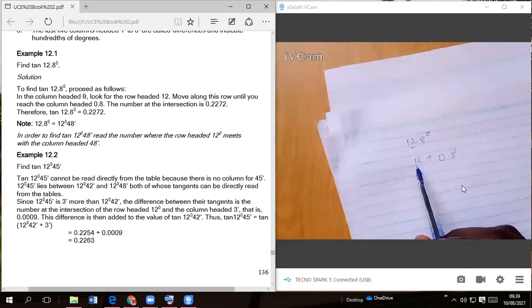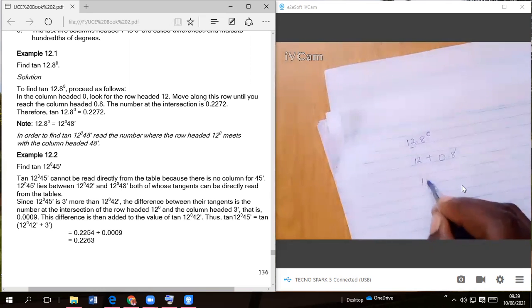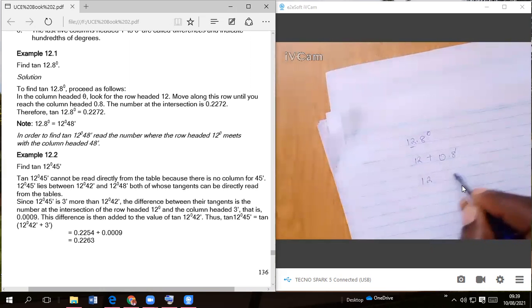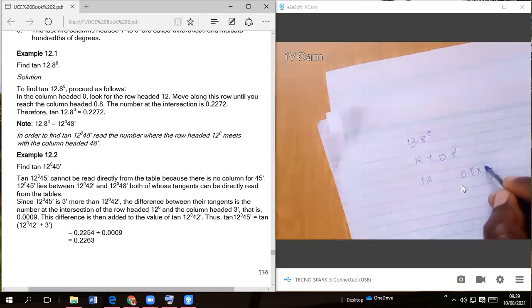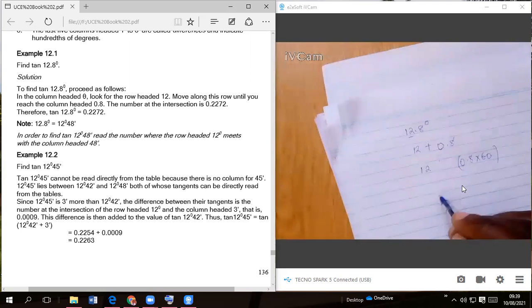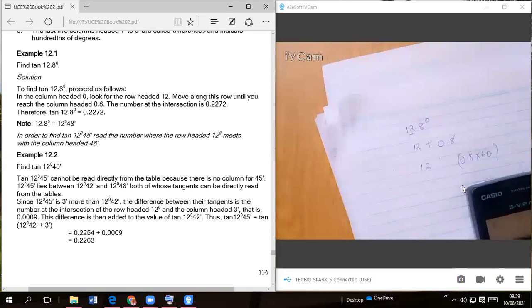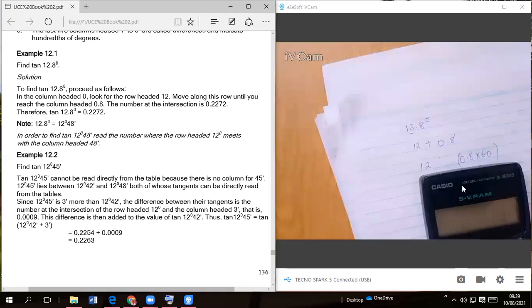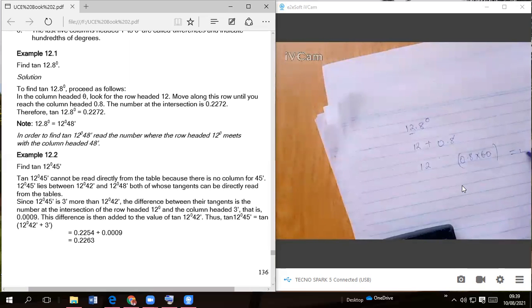Now we get the 0.8 and multiply it by 60. 0.8 multiplied by 60 is 48.